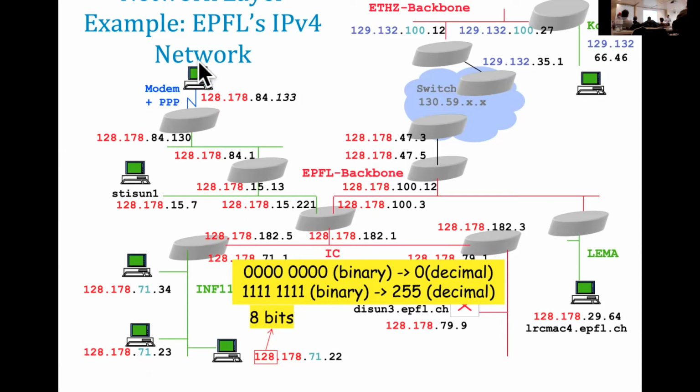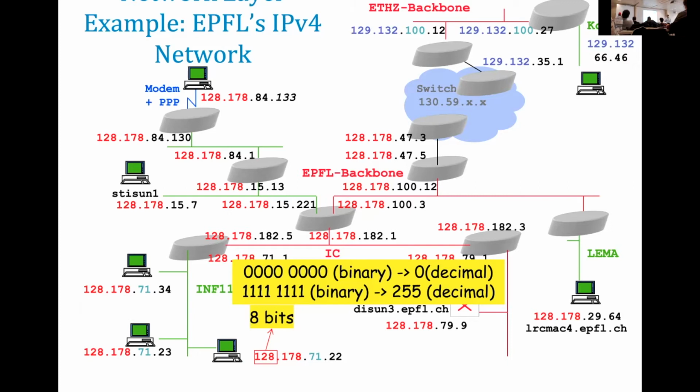And I said these IP addresses must be structured to reflect where you are in the world. Well, at EPFO, this is the case, like all around the world. As you see, there is a red part in this address set that is the same for all devices at the EPFO backbone. Any IP address that starts with 128 is an EPFO address. So we reserve all IP addresses with the same 16 bits to be an EPFO address.